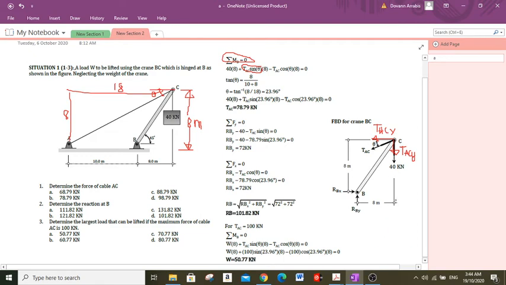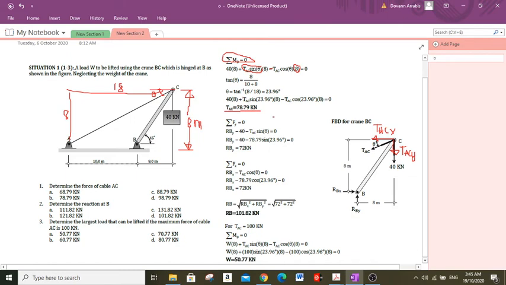For the moment arm of TACY, it is 8 meters, and it is a clockwise moment, positive. And for TACX, cosine theta, the moment arm is also 8, and this is a counterclockwise moment, so negative. And we can solve the TAC.